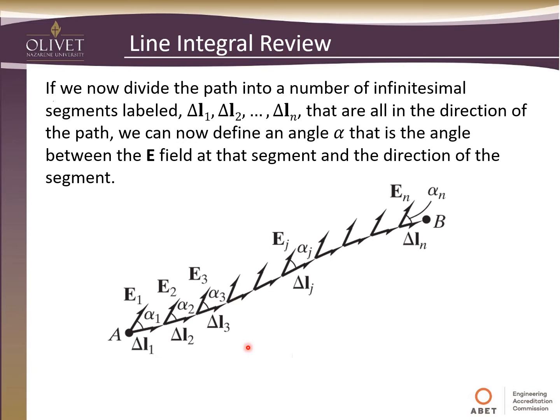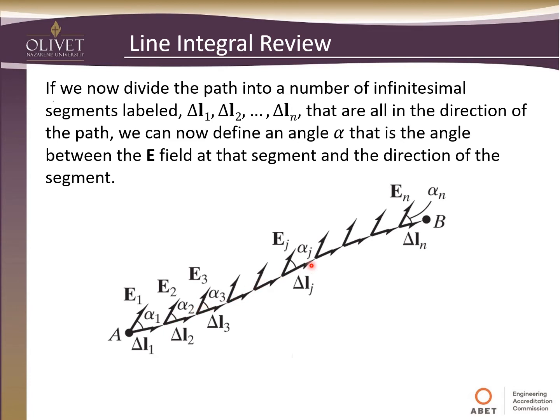Because of that, we want to divide this path up into infinitesimally small segments. So we're going to chop it up into these segments, and these are the delta L's. I know that's a little confusing, there's not an I, that's an L. So we have these delta L's, 1, 2, 3, j, all the way out to N. Each one of these is a vector, so it has a magnitude, a length, and also a direction, always pointing along the path.